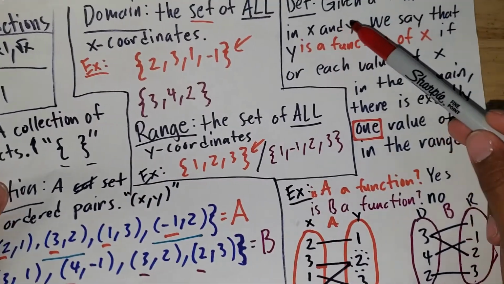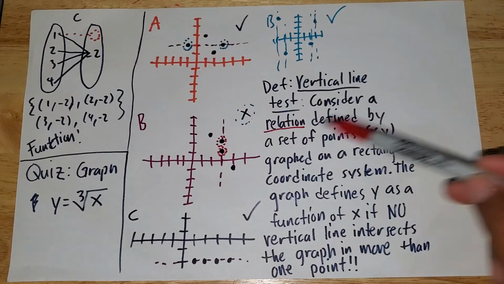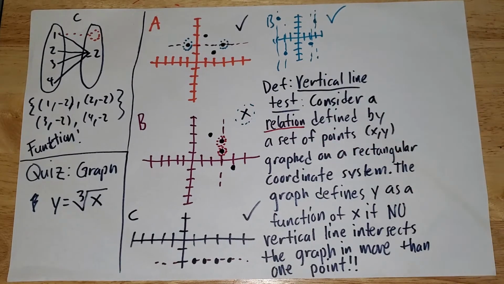Again, given a relation in x and y, or consider a relation defined by the set of points x and y, it means the same thing. These are other words that start that same definition of what it means to be a function. But this is using the vertical line test to verify if your graph, your relation, your equation is a function.